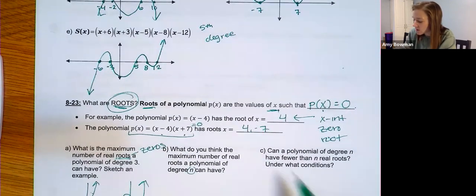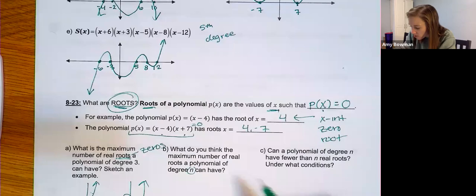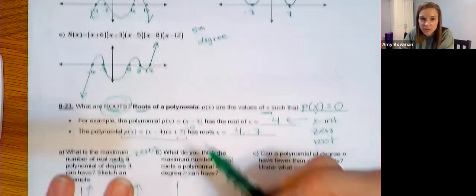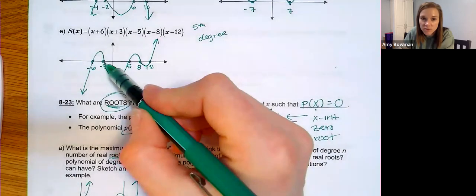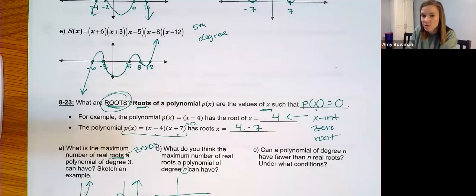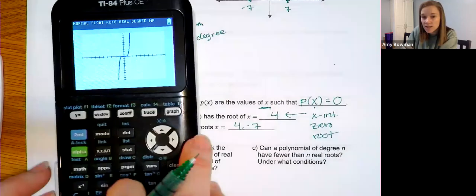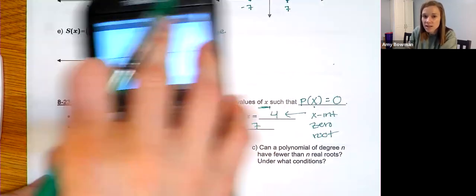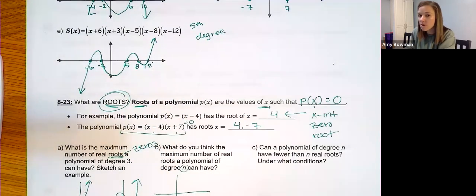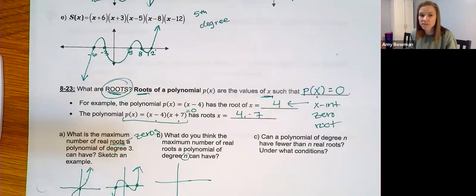All right, so let's talk about a 5th degree polynomial. We saw this right here. So this crosses 1, 2, 3, 4, 5 times. We just saw the parent graph of a 5th degree polynomial. This only crossed 1 time, but it could cross as many as, like we just saw here, 5 times. So think about an nth degree polynomial, 6th degree, 7th degree, 8th degree.